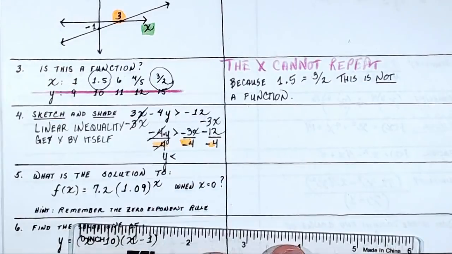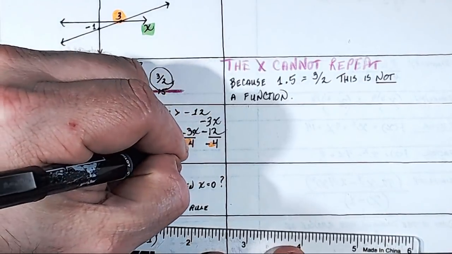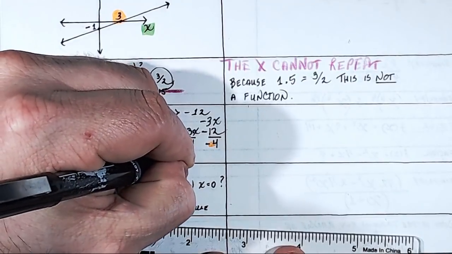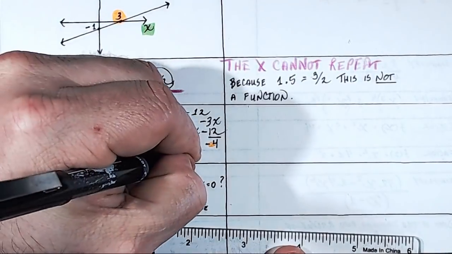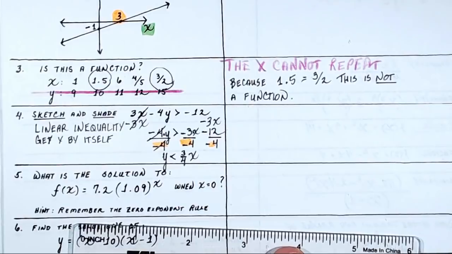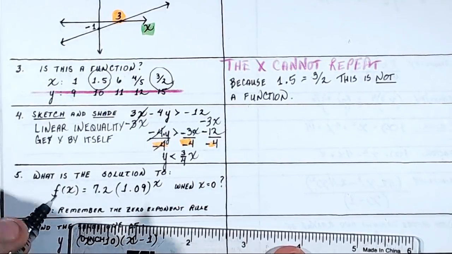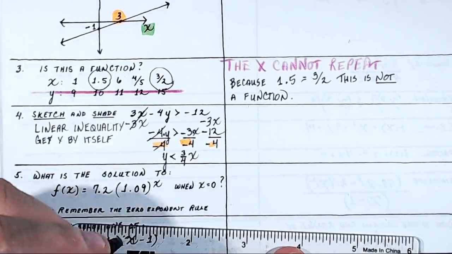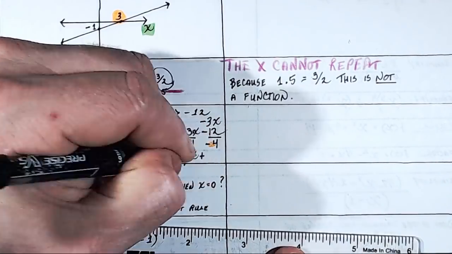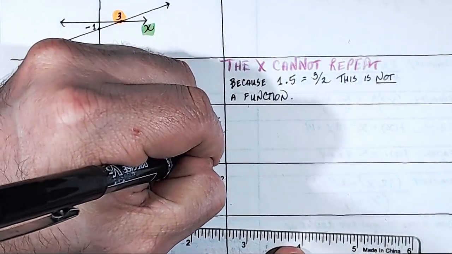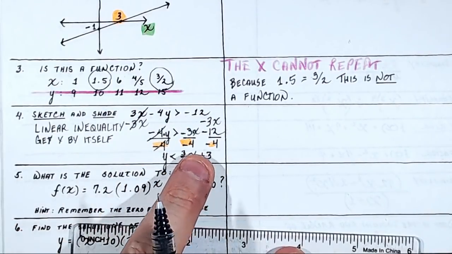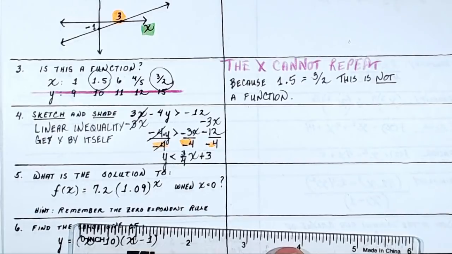A negative divided by a negative is a positive, so you have y is less than 3/4 x, and then negative 12 divided by negative 4 is positive 3. So it's y is less than 3/4 x plus 3.